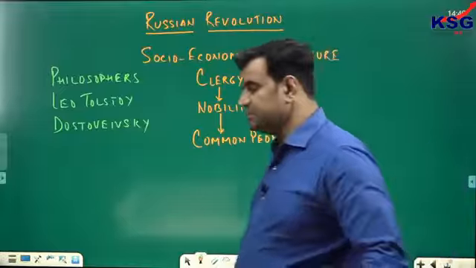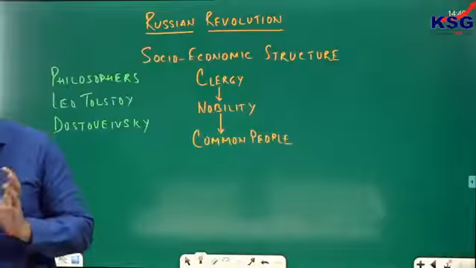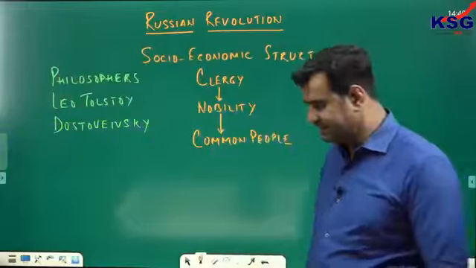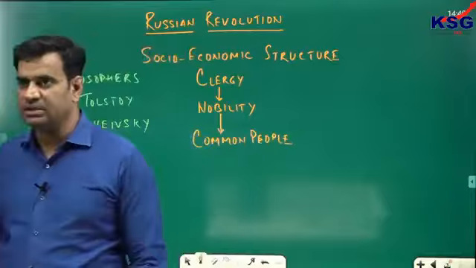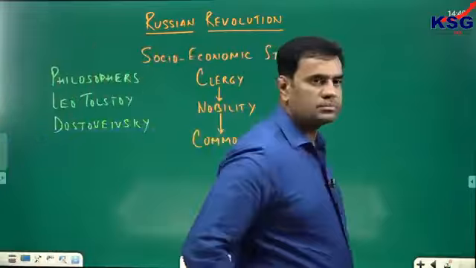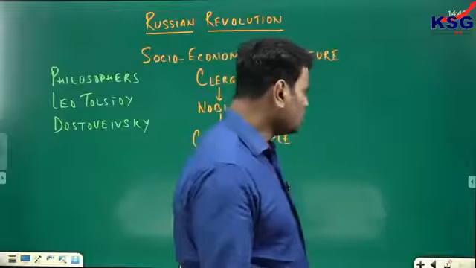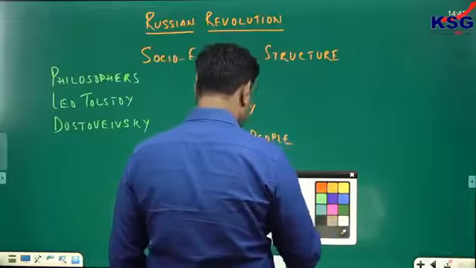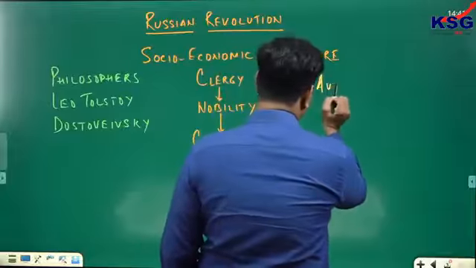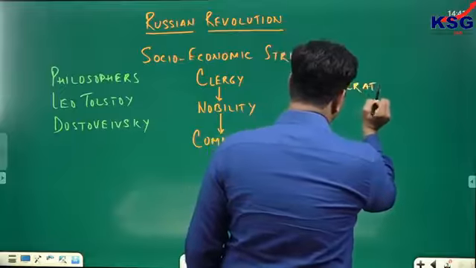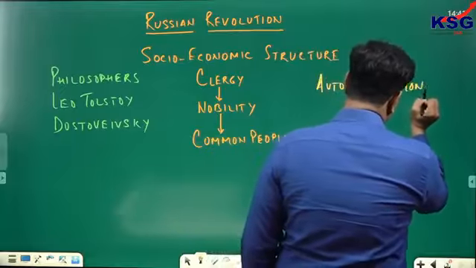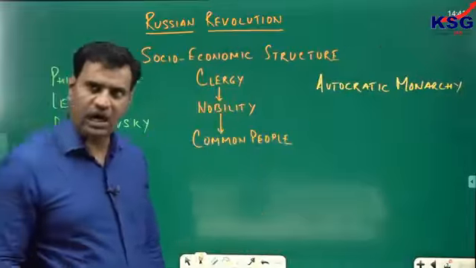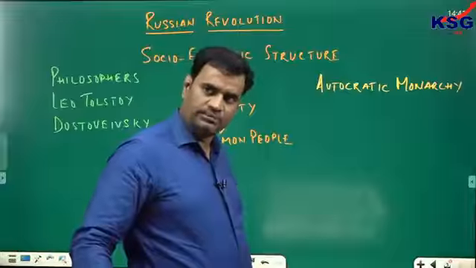The third major factor was autocratic monarchy in Russia. Clear?